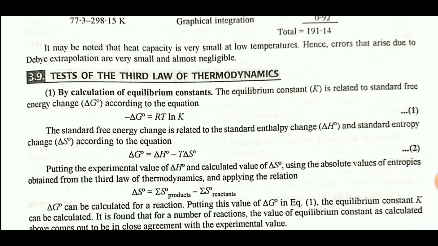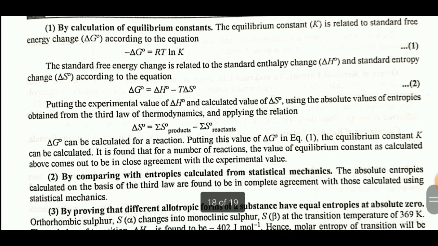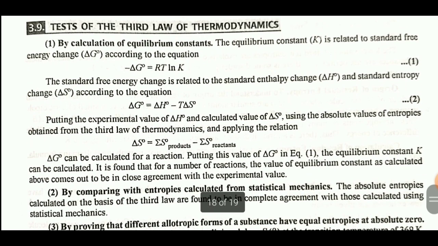Test of the third law of thermodynamics. First, by calculation of equilibrium constant. The equilibrium constant K is related to the standard free energy change del G naught according to the equation minus del G naught is equal to RT ln K. The standard free energy change is related to the standard enthalpy change del H naught and standard entropy change del S naught according to the equation del G naught is equal to del H naught minus T del S naught.